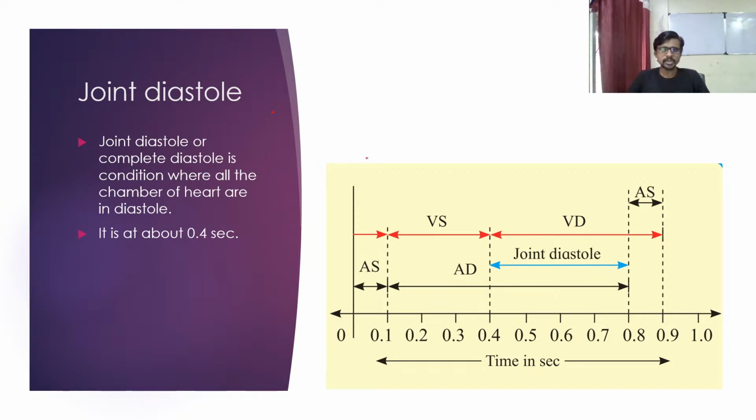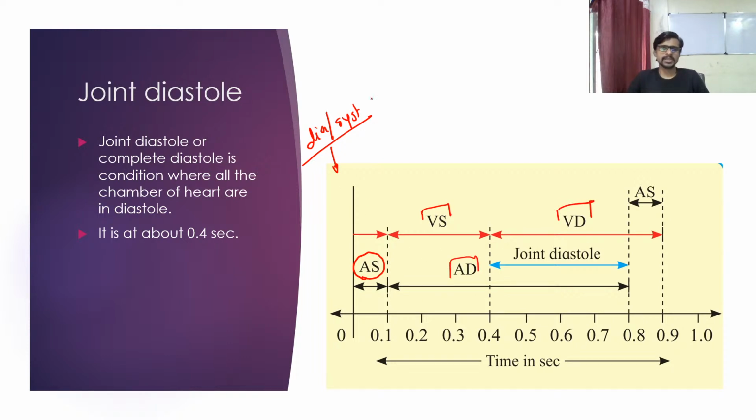Let's see. So here is your graph. This graph represents the diastolic and the systolic time of the atria and the ventricle. So it's atrial systole, ventricular systole, ventricular diastole, atrial diastole.